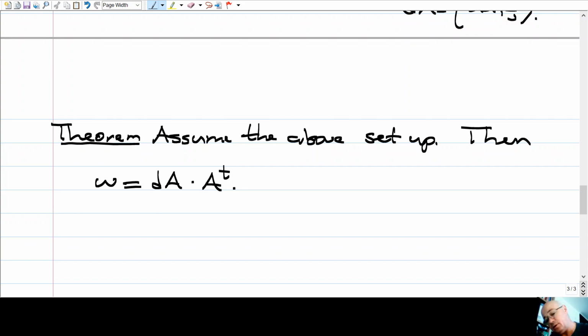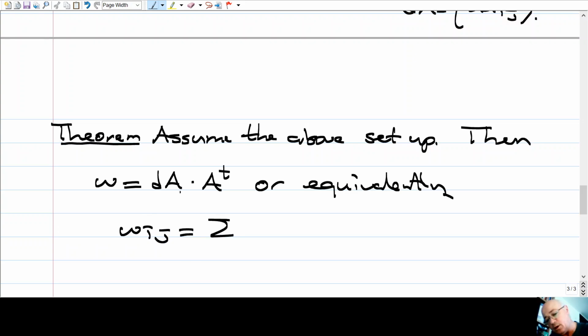Let's see then. Okay, or equivalently, let's write this equivalently. Wij, the ijth entry of this, is what? Okay, the ijth entry of this is daik, and then, so this is the one form, and then the kjth entry of the transpose.